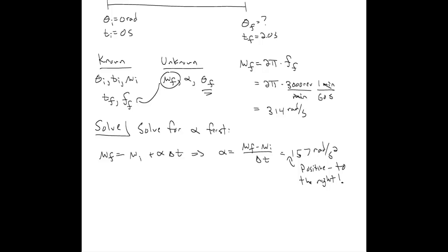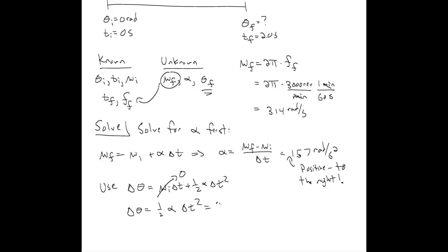Okay, so now that we have the angular acceleration, and we want to find the angular position, we're going to use the expression delta theta is omega i delta t plus 1/2 alpha delta t squared. Of course, we could use the other equation as well, but this one ends up being a little easier. Now the initial angular speed is 0, and so this simplifies to be that the change in the angular position is just 1/2 the angular acceleration times change in time squared.